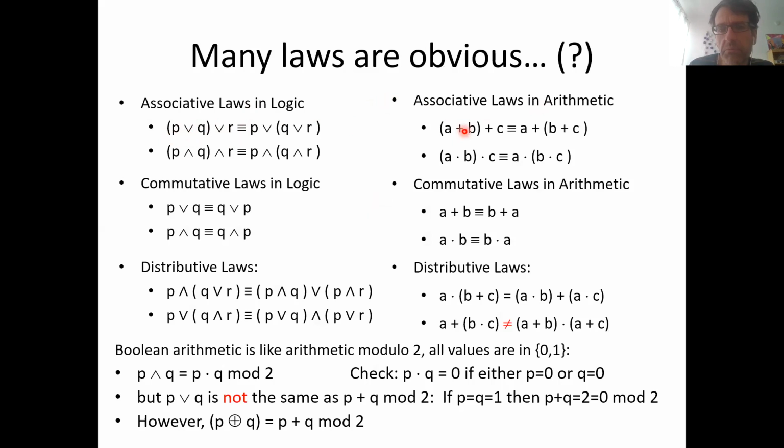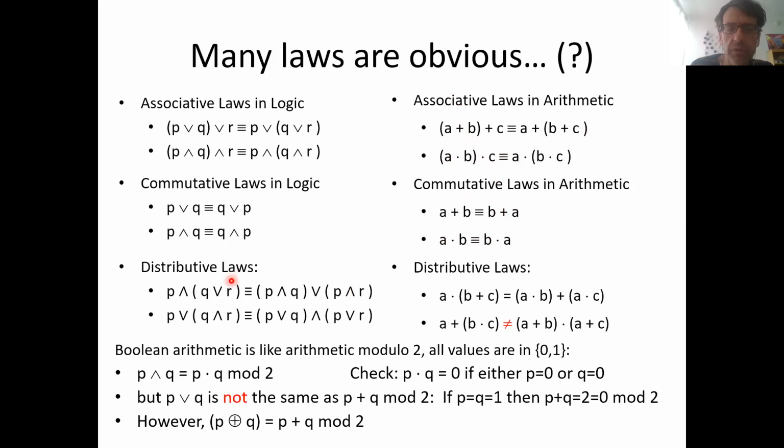Like, for example, in arithmetic, plus and multiply are associative. And we know this since first grade of elementary school, and you don't need to remember what it's called. You basically know this is always true. Likewise, that addition and multiplication are commutative, that you can switch the order and it does not matter.